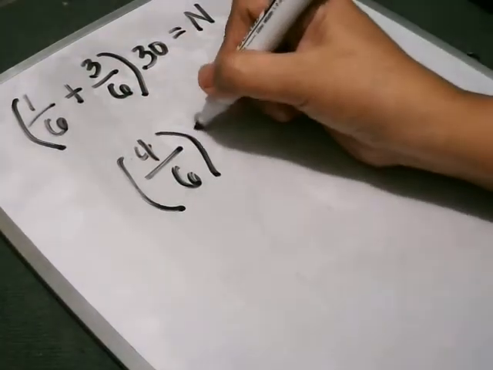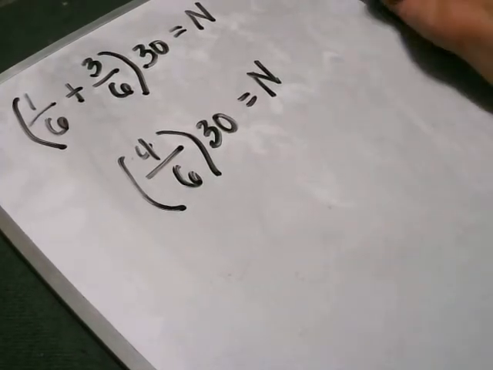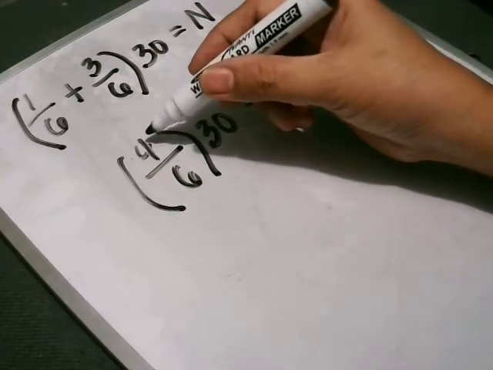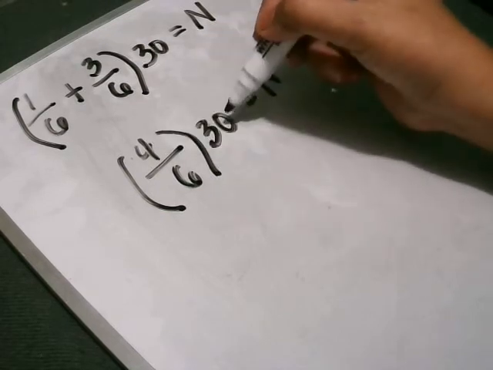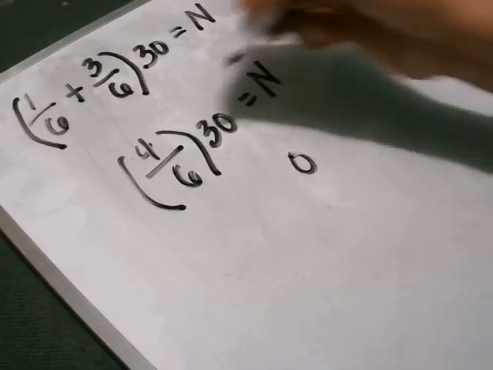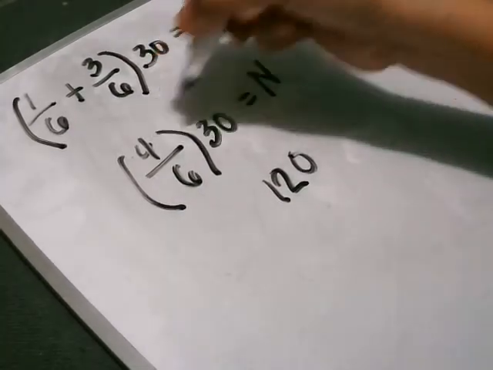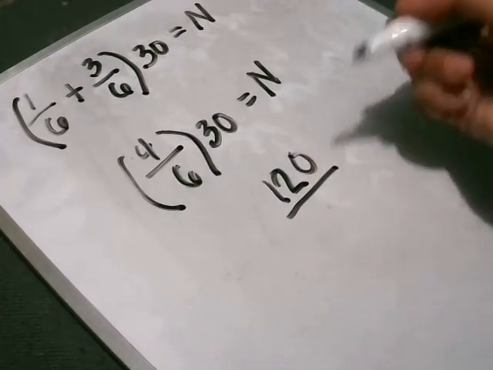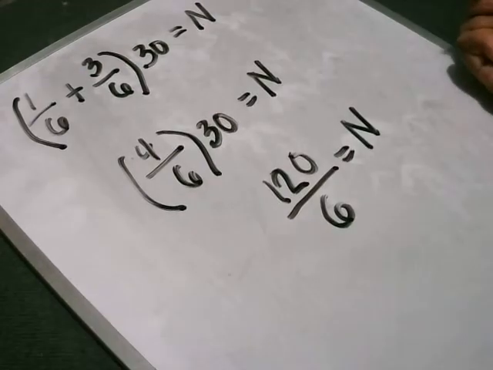And then times 30 equals n. So again, multiplication of a whole number and a fraction: multiply the numerator by the whole number. 4 times 30 equals 120. And then, as I said, just copy the denominator. So that's our initial or partial answer.